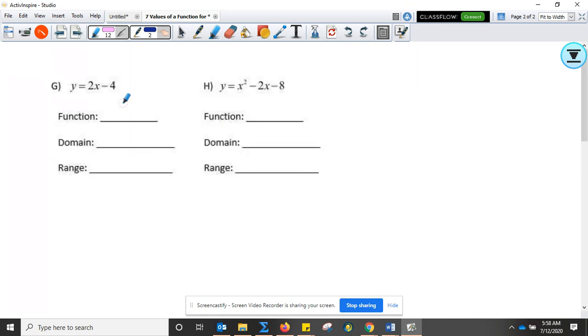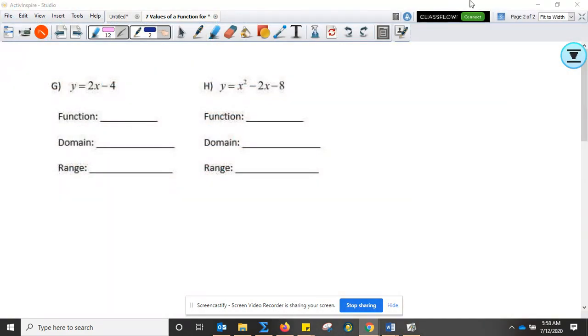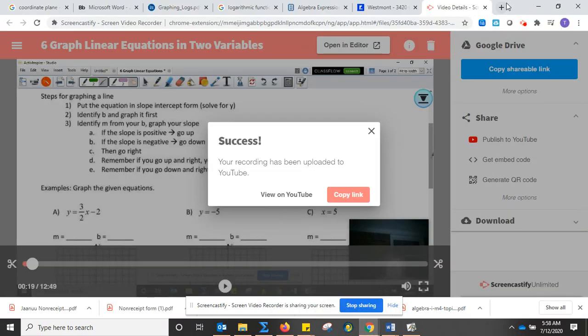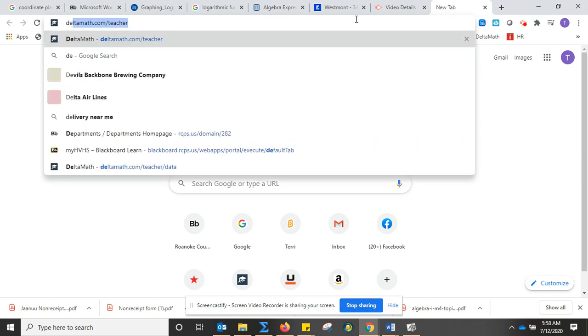Now, we have y equals 2x minus 4. Is this a function? I'm going to pull up Desmos. Okay, so we can go to the Desmos graphing calculator.